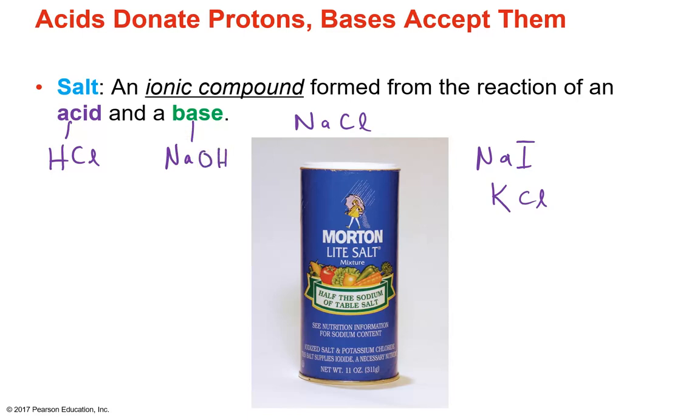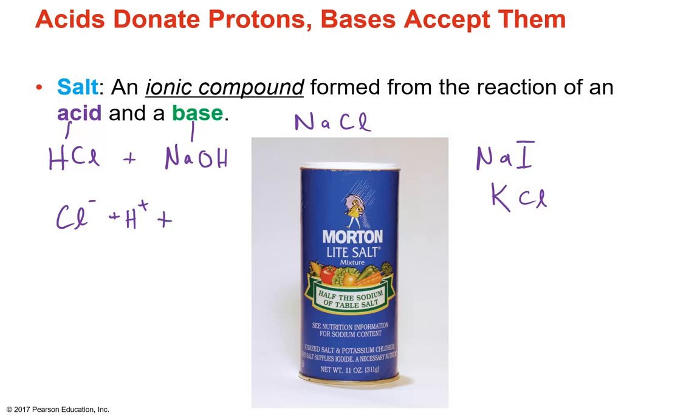If we mix these together, what do you think is going to happen? What does an acid do? The acid donates a proton. So I'm going to have a Cl minus, and I'm going to put the proton just hanging out by itself for now.